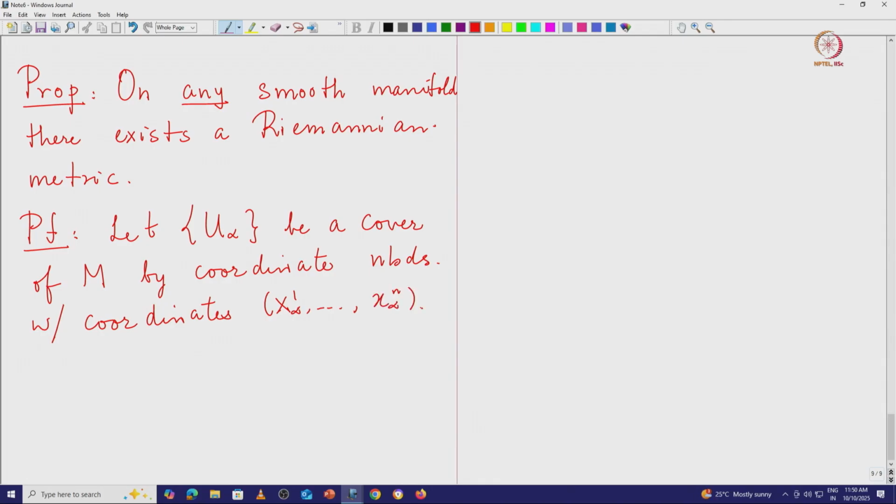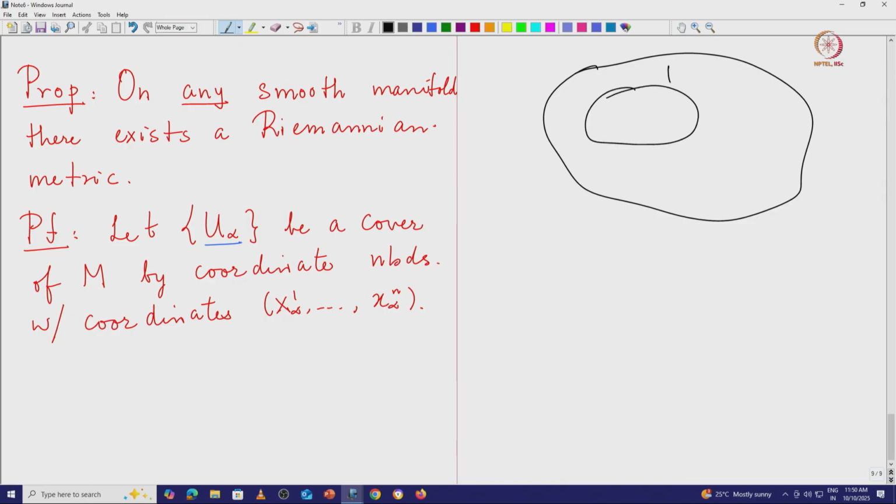This subscript alpha denotes that I am working on this coordinate neighborhood U alpha. Okay, so the picture is as follows. So this is U alpha, you might have another U beta and so on.